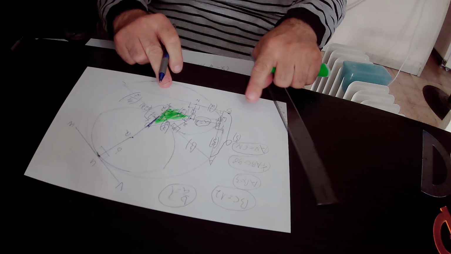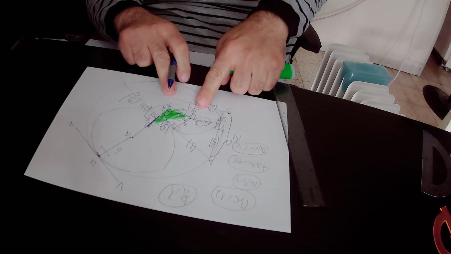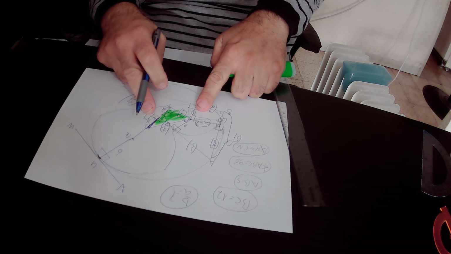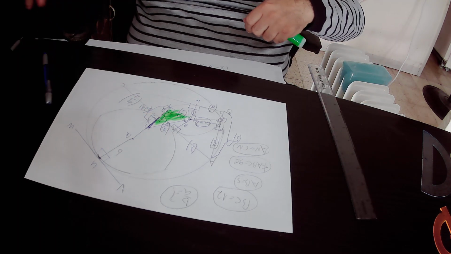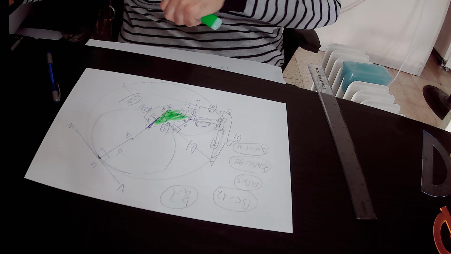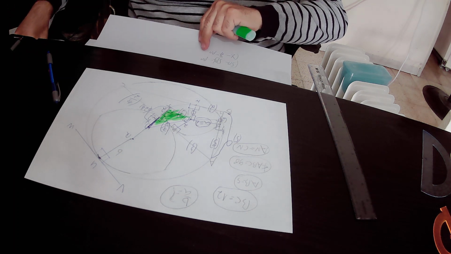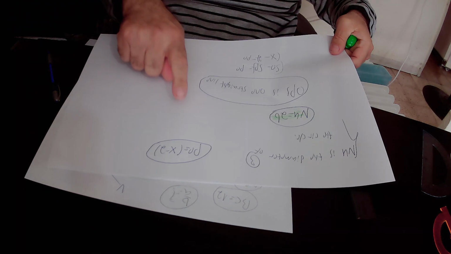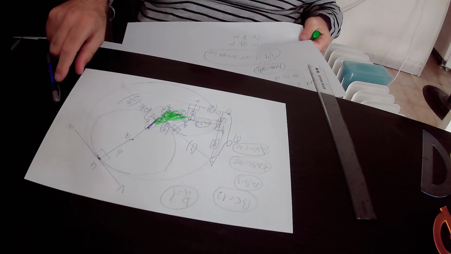We have already found out that PT equals 7 over 2, and we have already found out that the hypotenuse PO equals x minus 2.